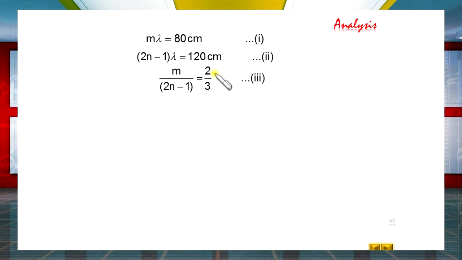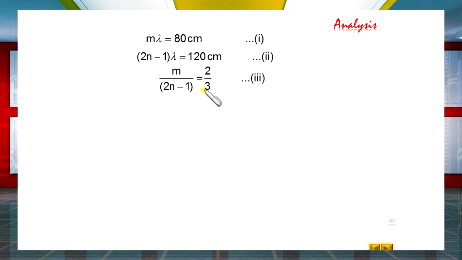So the next ratio, if we multiply this ratio by 2 by 2, will be equal to 4 by 6. That means m equal to 4 and 2n minus 1 equal to 6. If 2n minus 1 equal to 6, that means 2n equal to 7, n equal to 7 by 2. But m and n both should be integer. That means this ratio is not permitted.